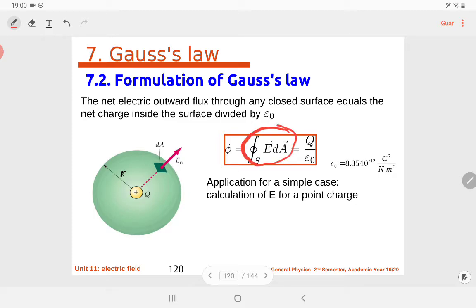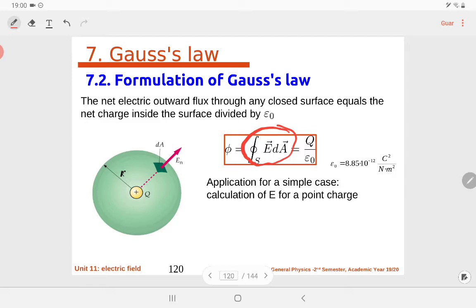To make that integral simple, we need two things to happen. On the one hand, it would be very good if the electric field is constant across the surface, or at least across parts of the surface. And the other thing is that the electric field is completely parallel or completely perpendicular to the surface. That will ease our calculations.